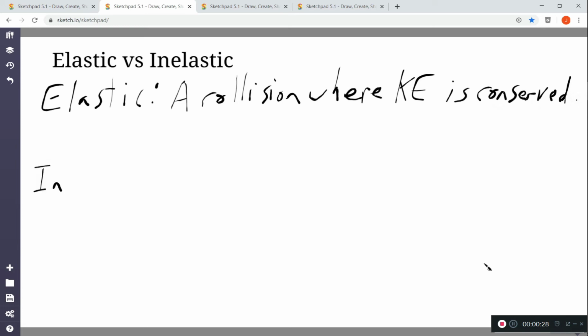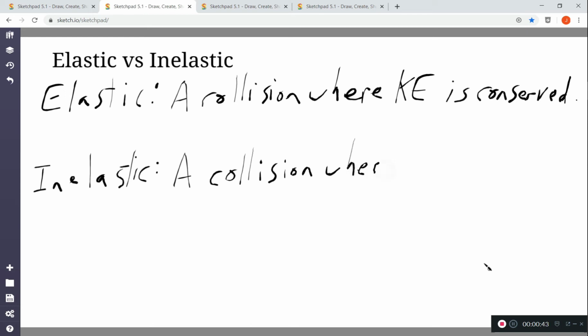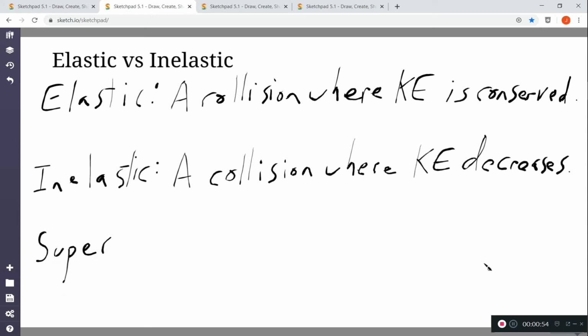And inelastic is a collision where kinetic energy decreases. Super elastic, now, we'll talk about perfectly inelastic in a second, is pretty much where kinetic energy increases. So if kinetic energy is conserved, it's called elastic. If it decreases, it's inelastic. And if it increases, it's super elastic.